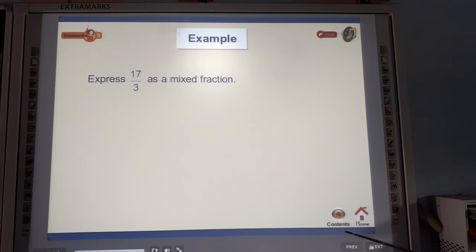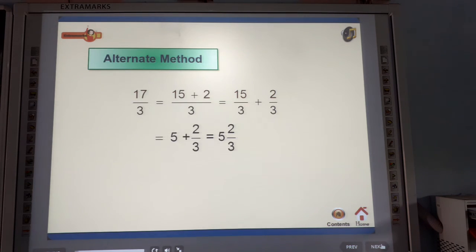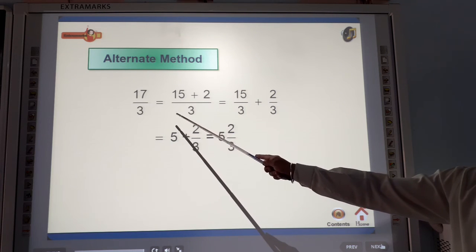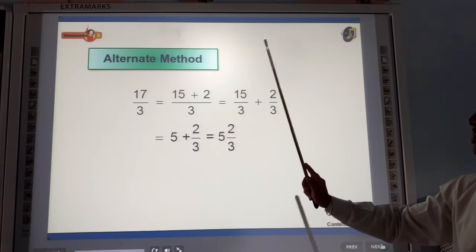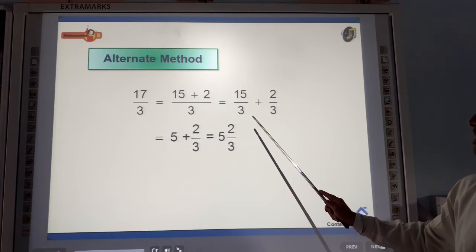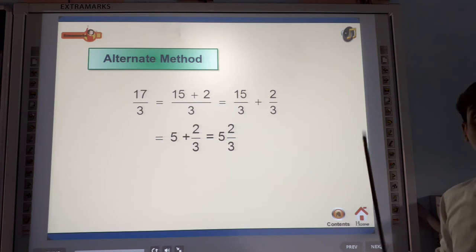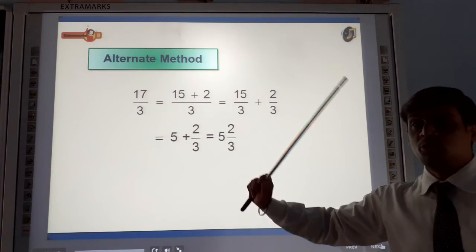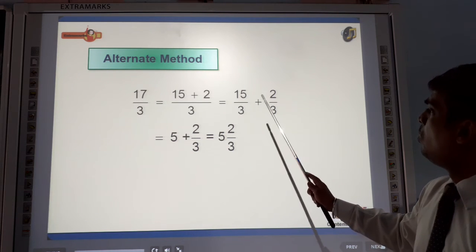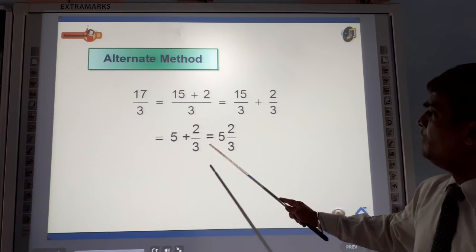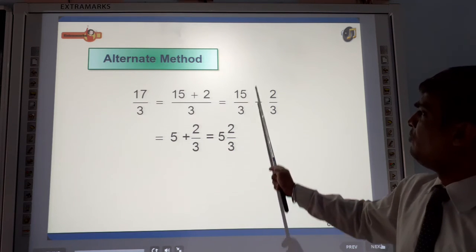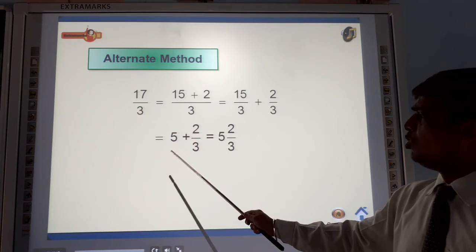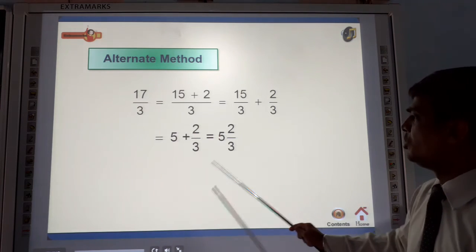Alternate method: 17 upon 3 is equal to 15 plus 2 upon 3, that is 15 upon 3 plus 2 upon 3. LCM is 3. 3 fives are 15, plus 2 by 3. So the mixed fraction is 5 2 by 3.